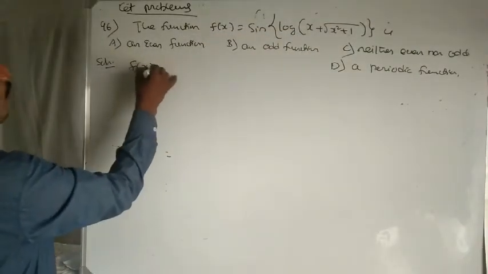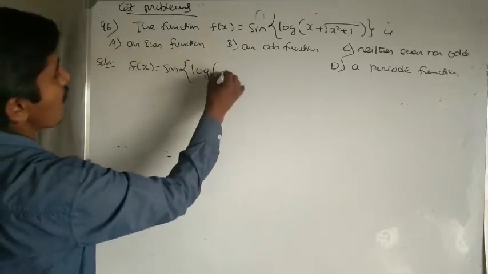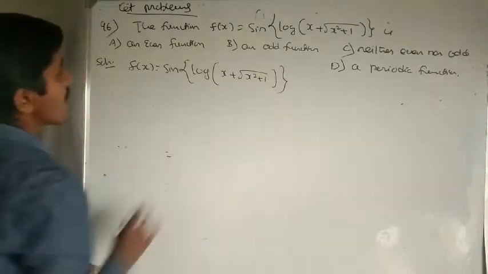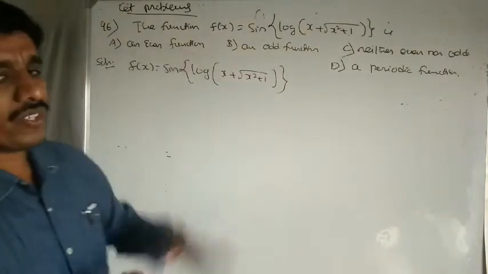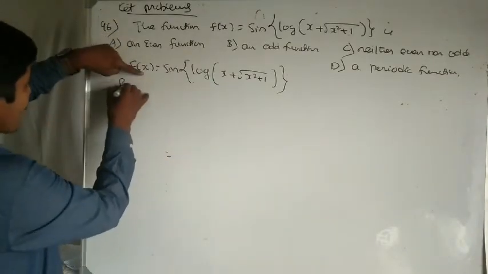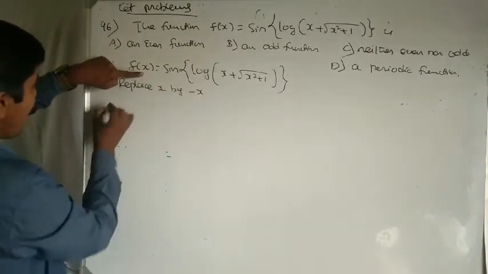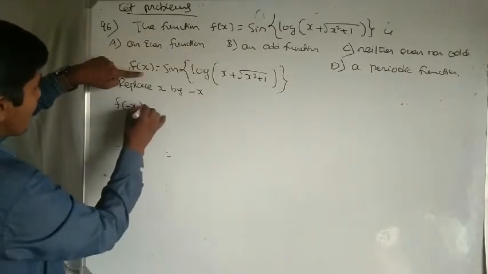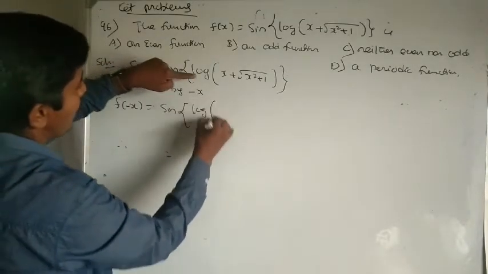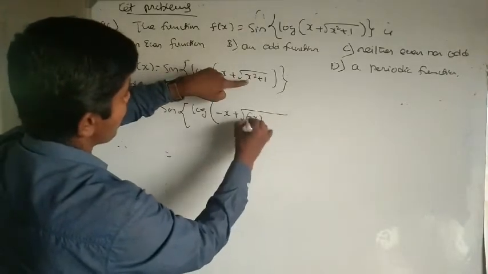So here we have f of x equal to sine of log of x plus root of x square plus 1. Verify whether it is an even function or an odd function. Replacing x by minus x, f of minus x is equal to sine of log of minus x plus root of minus x whole square plus 1.